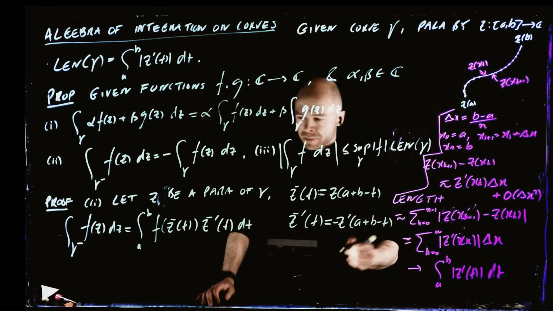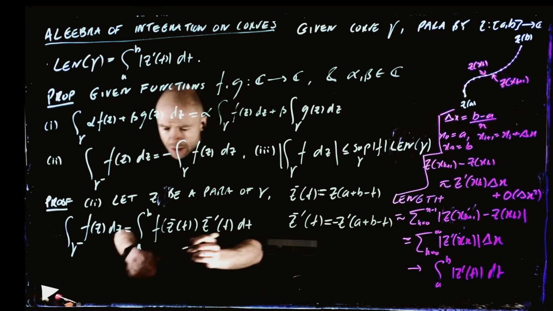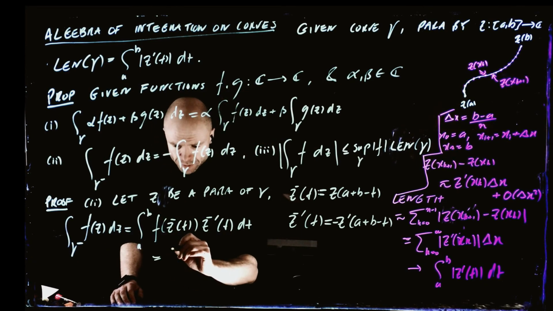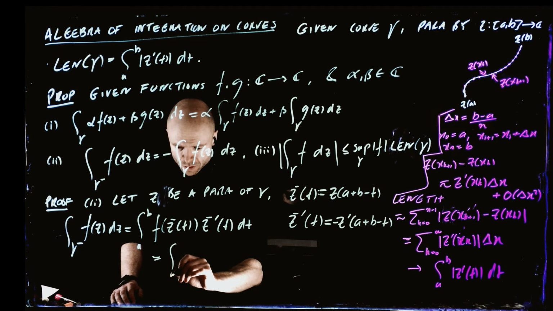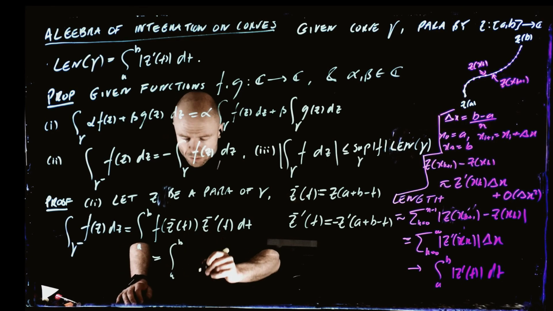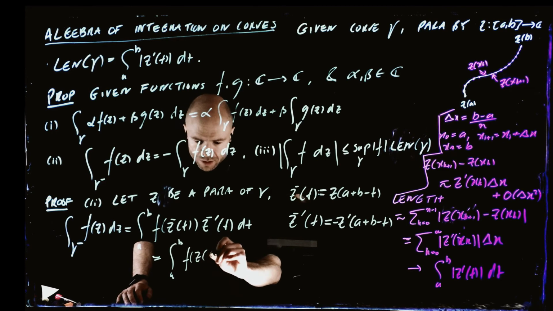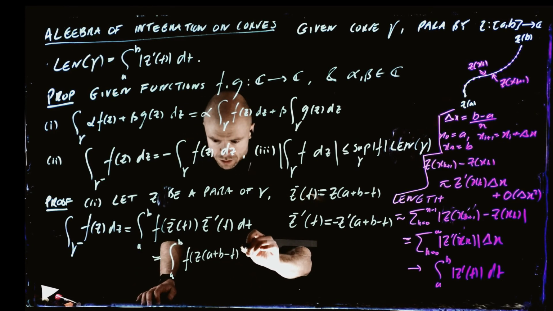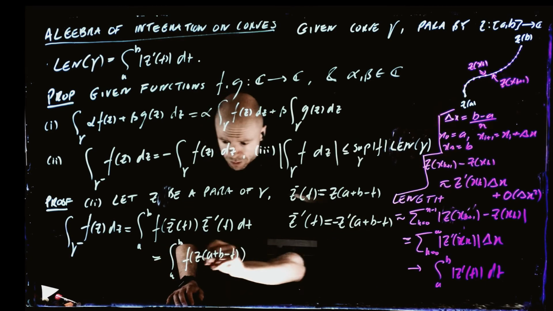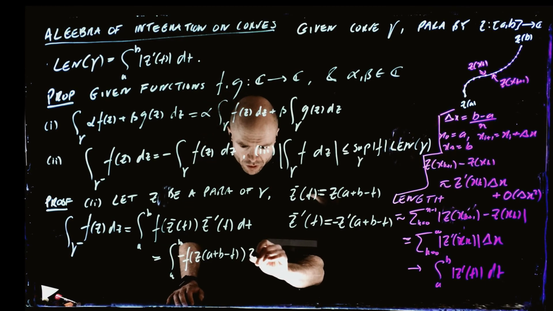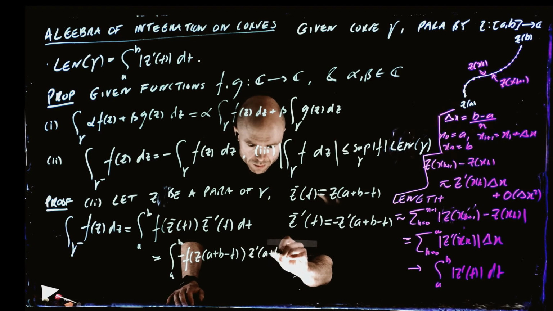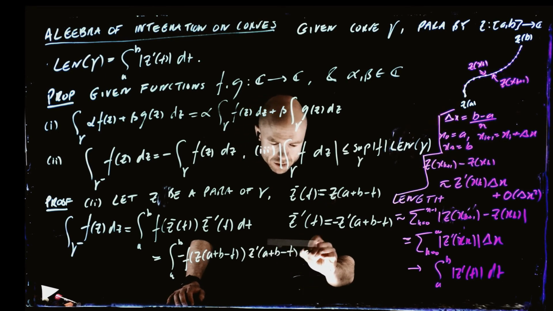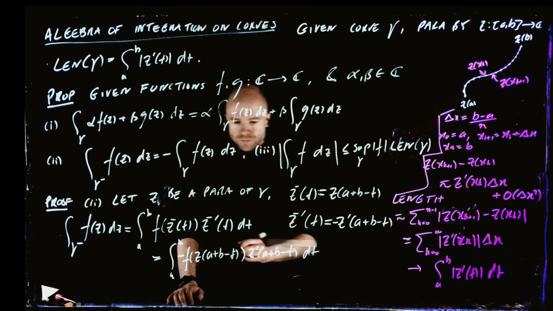Yeah? So let's put in what that is. That's going to be the integral a to b of f of z of a plus b minus t, and we'll put a minus sign carrying it through, then we have z prime of a plus b minus t dt.